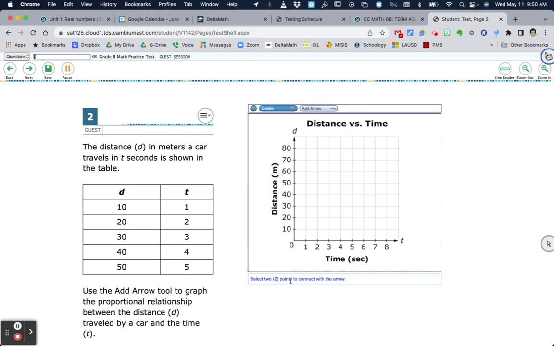And it says select 2 points to connect the arrow. Okay, so we want to go 1 to 2, and then on the left, 10 to 20. So there. Okay. Then we want 2 to 3 and 20 to 3.